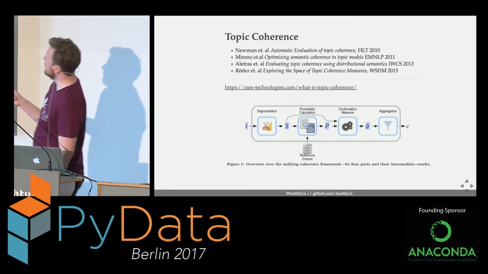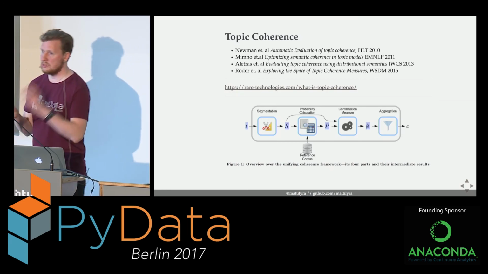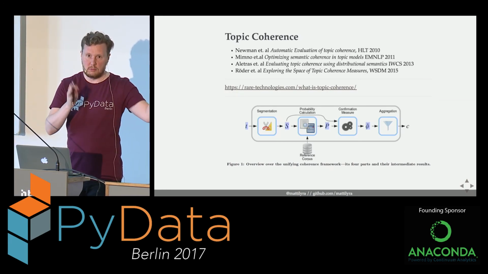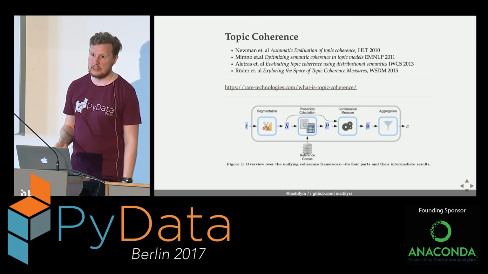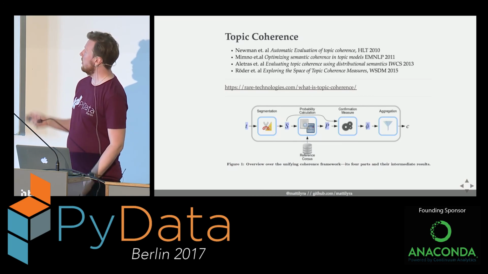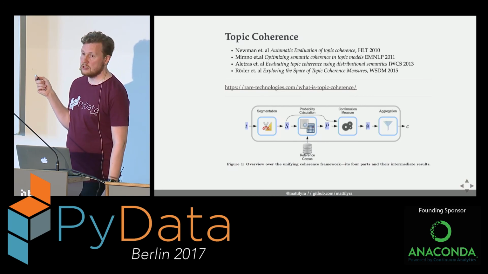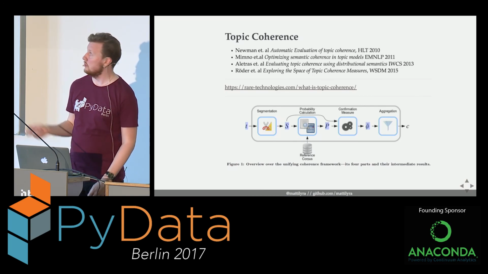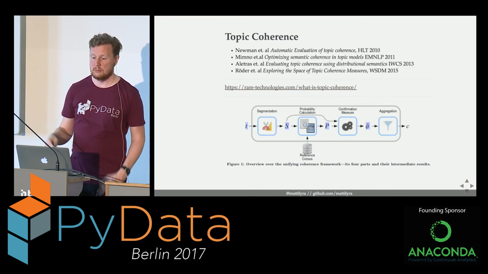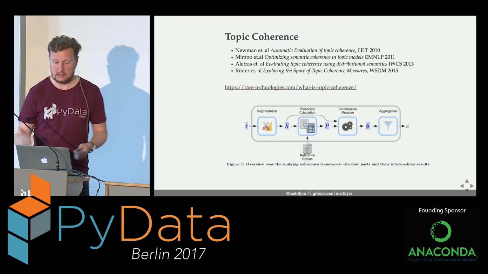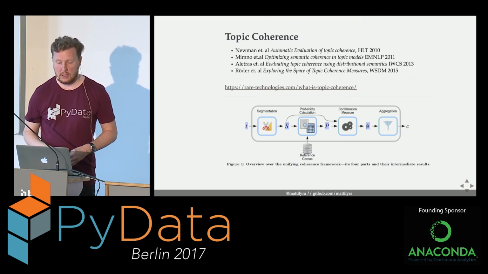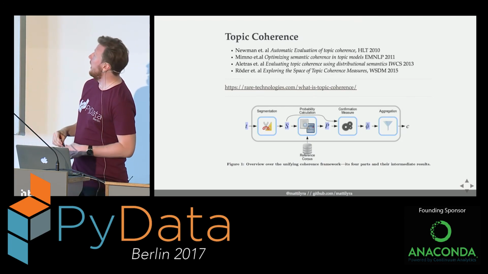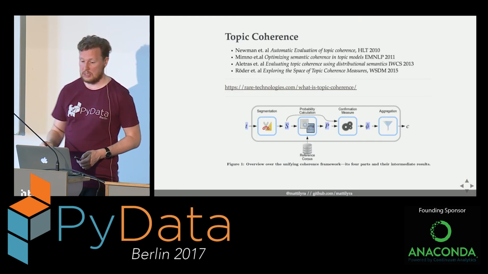So what this is doing is, first you do segmentation, which is putting the words together that I just showed. Then you have some way of calculating the probabilities. I'll get to that later. Then you compute this confirmation measure, which is the thing that I just showed you. And then you do aggregation, which basically just means that you take the mean. They do a number of different aggregation measures, but essentially you just take the mean.